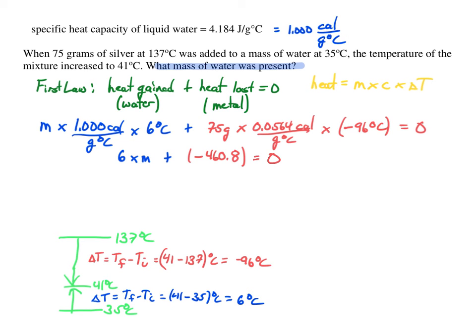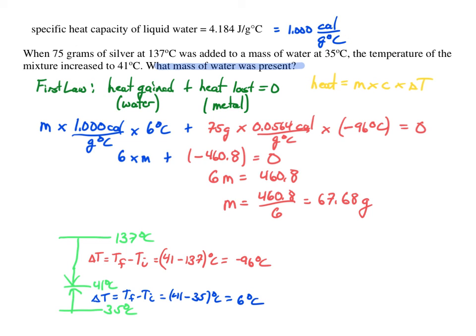Let's add 460.8 to each side, so we have 6 times m is equal to 460.8, or our mass is going to be equal to 460.8 divided by 6, and our calculator answer is 67.68. Units of mass are grams.